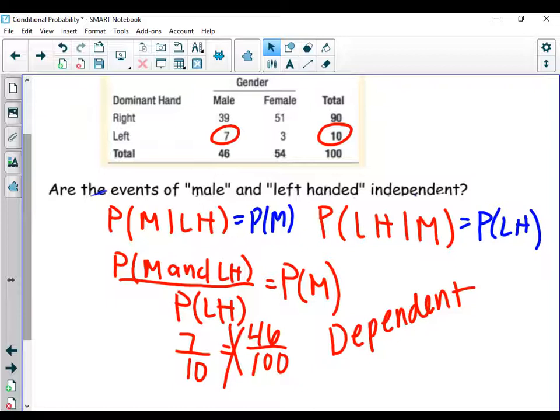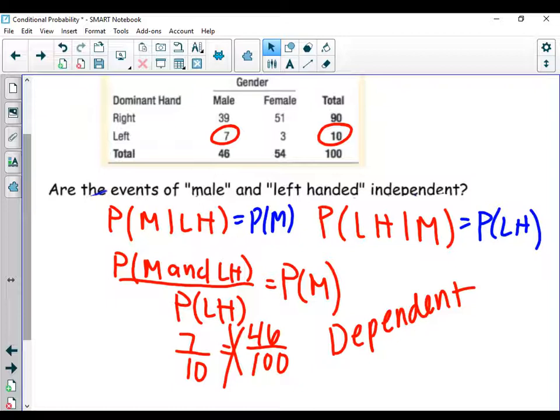We can kind of see by the chart on this one that they are dependent events because I have a male that is also left-handed. But you get the point of the proof part. Any questions? Okay.